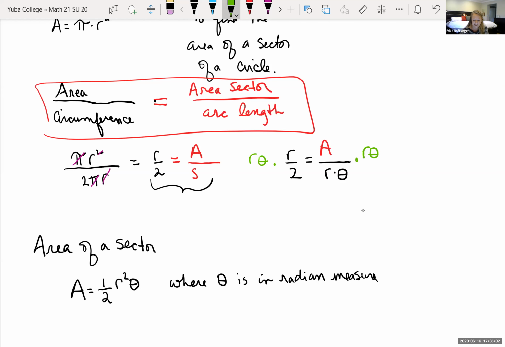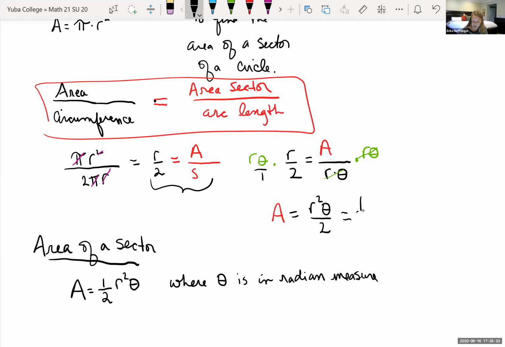And so notice this cancels on the right-hand side, just leaving us with capital A, which we wanted, the area of the sector. This is equal to r theta times r. Well, r times r is r squared theta, all over, because we can think of this as over 1, multiplying fractions, multiply straight across the numerator, denominator, 2, which is what I wrote down here, the area of the sector.